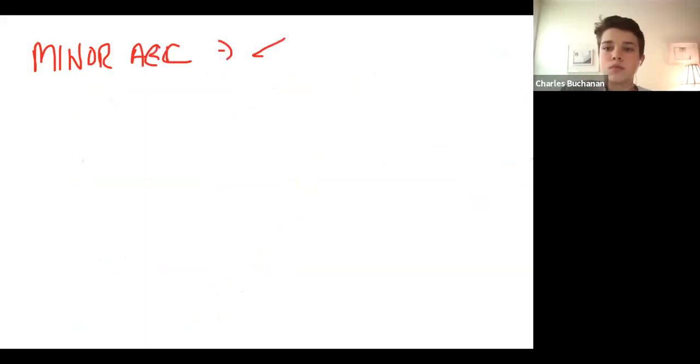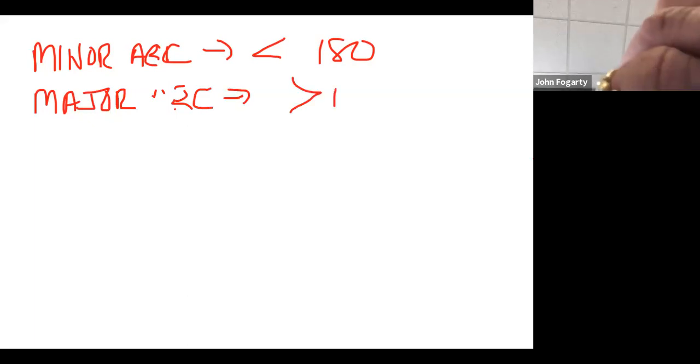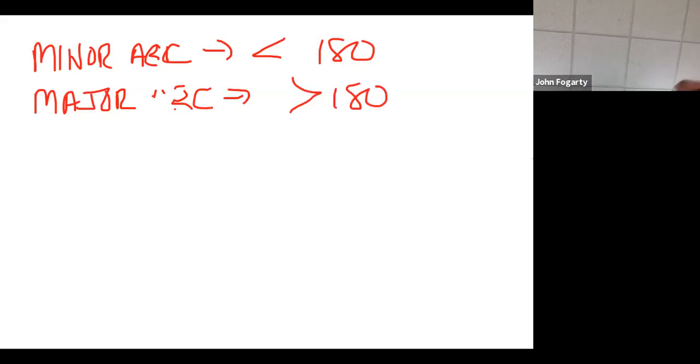All right. So we know that the minor arc is going to be less than 180. The major arc will be greater than 180. But we do know that if you have two arcs in a circle, they add up to 360.